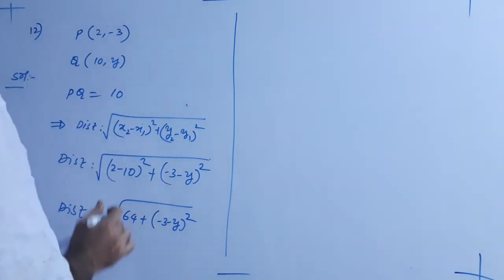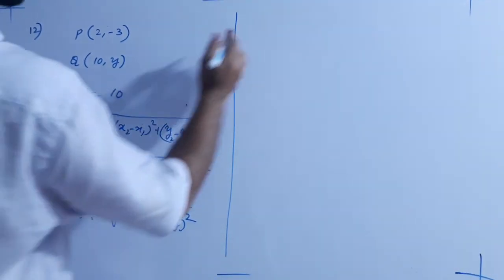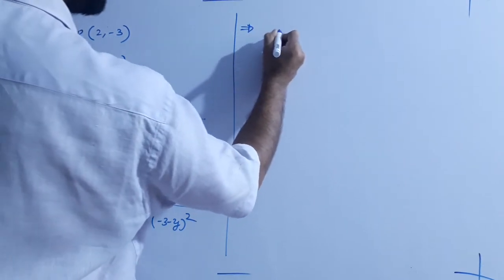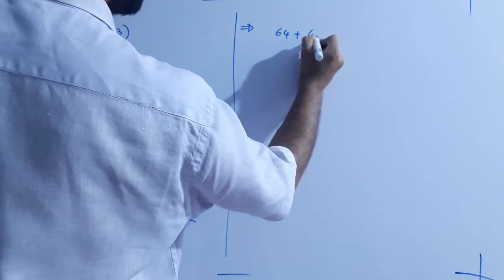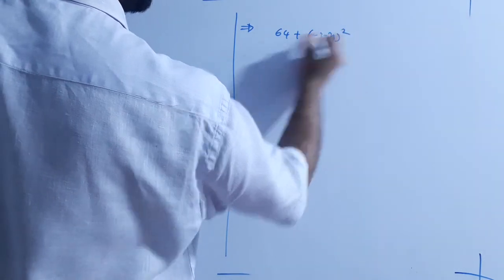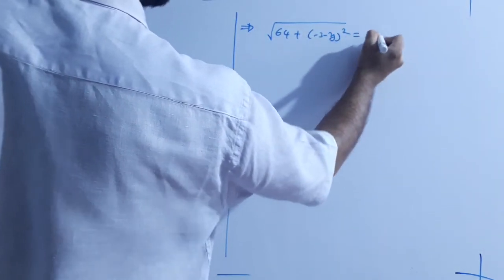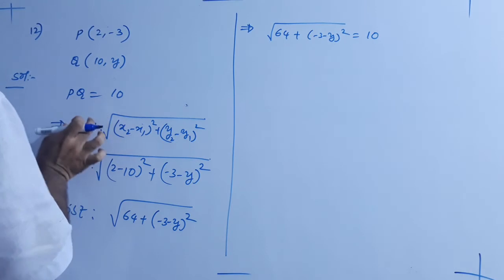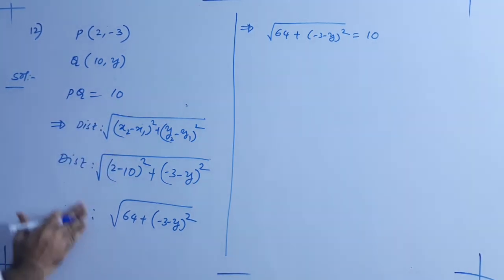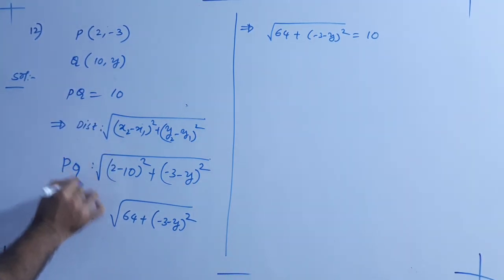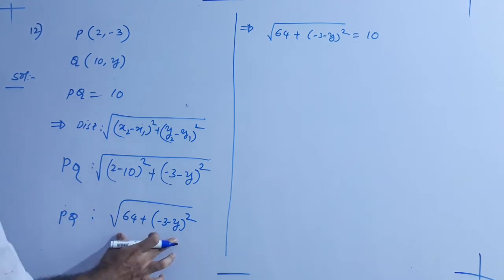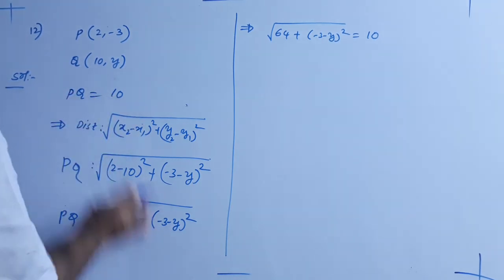So this is PQ, and PQ equals 10. So what do we get here? Root of 64 plus (minus 3 minus y) whole square equals 10. Why? Because this is all PQ, what we are finding, and PQ is equal to 10, so we equate this to 10.